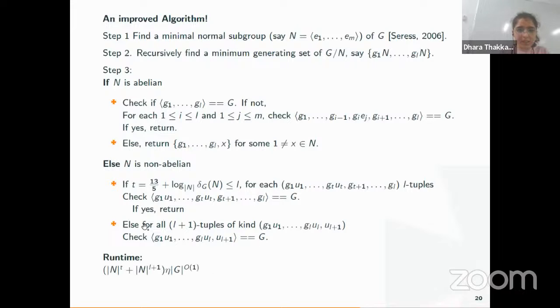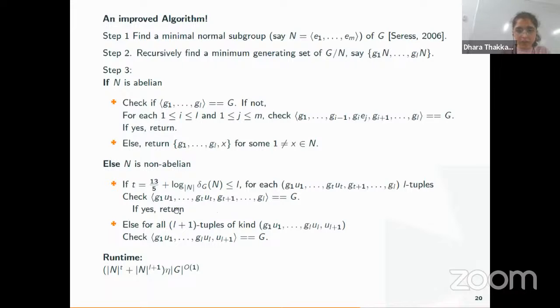Now let us analyze the running time. The only crucial step is the non-abelian case, because the abelian case is easy to see that it can be done in polynomial time, and we can also find a minimal normal subgroup in polynomial time. In the non-abelian case, either we need to try |N|^T many tuples in the first step.